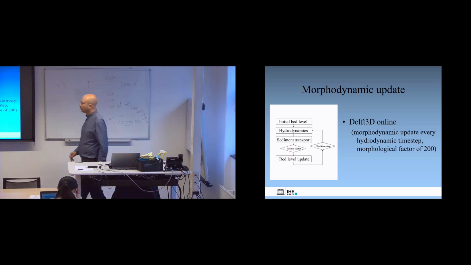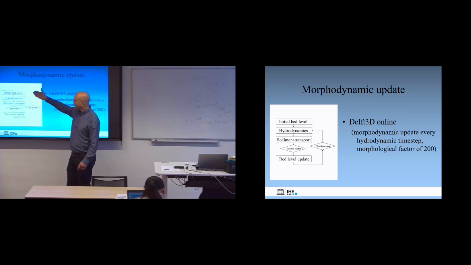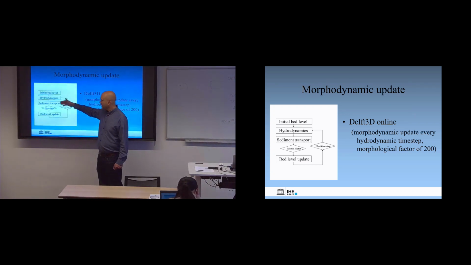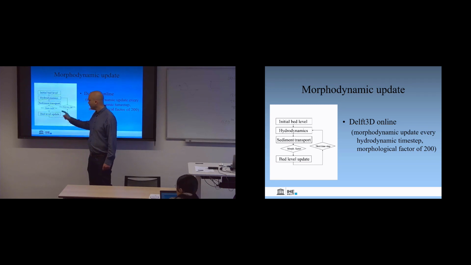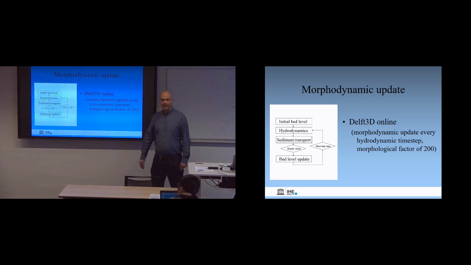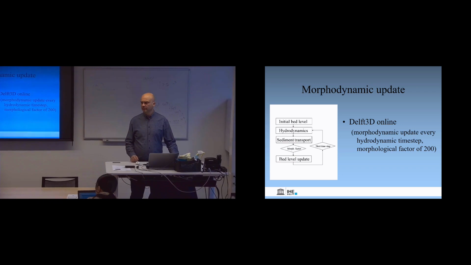So how does that work? You have your initial water bed level, you calculate your hydrodynamics, your sediment transport, your bed level update, and then you apply a morphological factor. What is a morphological factor? Maybe you can explain.